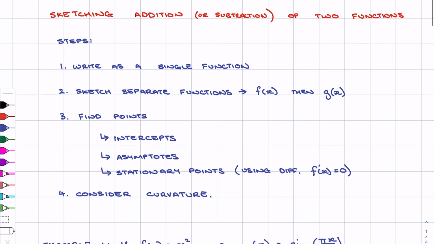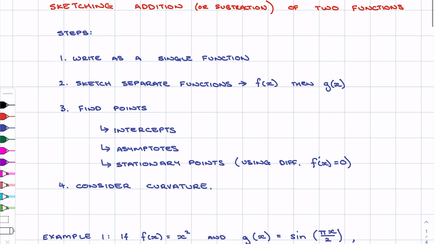The steps that I'm going to go through really do replicate themselves for the different types of functions that we're sketching. So the steps that I'm going to want us to focus on is firstly writing the function as a single function. That sometimes can give us tips as to what type of function we're dealing with.